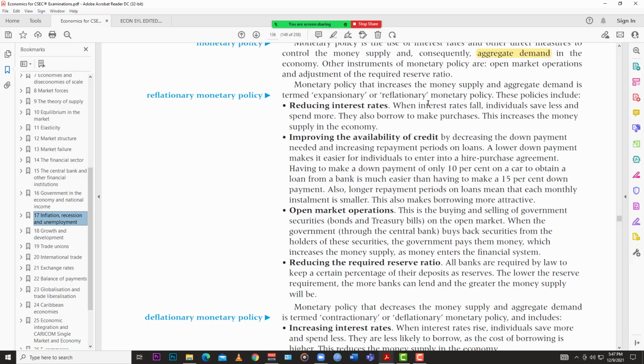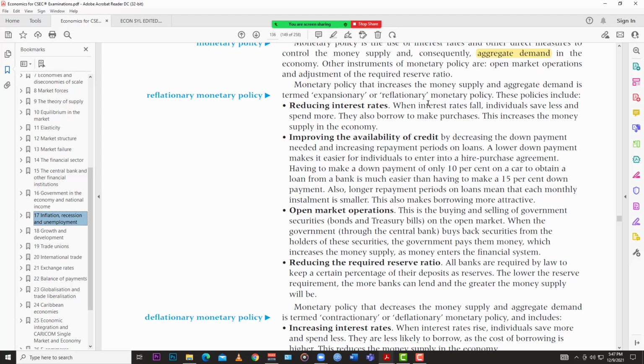Once the interest rate goes down, borrowing money for firms and for individuals is cheaper, and that would help them get more money to boost up the economy, and that would increase the money supply and increase demand in the economy.